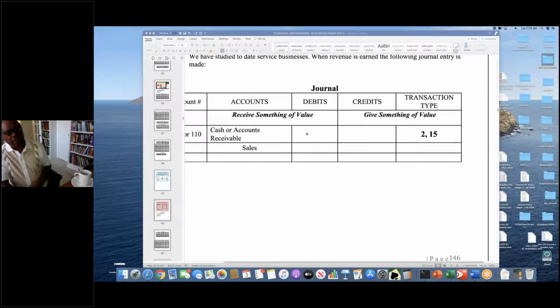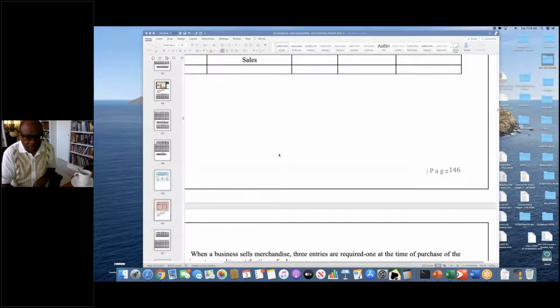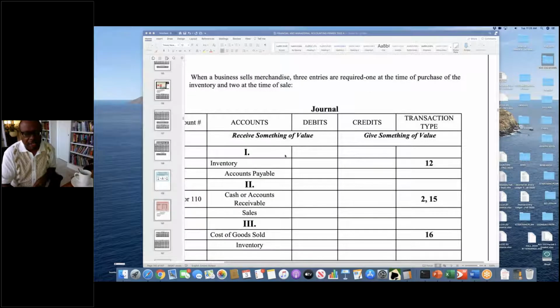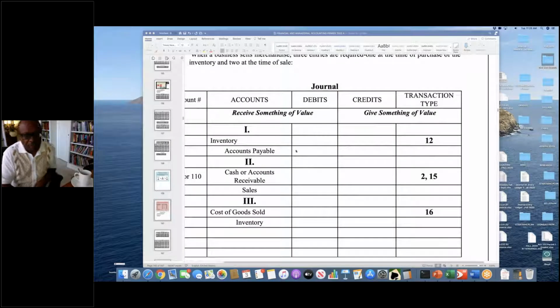With our service business, we didn't have to worry about this. Everything was just so nice. Debit, cash, account receivable, and credit sales. But now that we're selling merchandise, we've got 3 entries we make. 1 entry to purchase the merchandise, 2 entries when we sell it. 1 for the sale, and the second one to remove the items from inventory and put them in cost of goods sold.